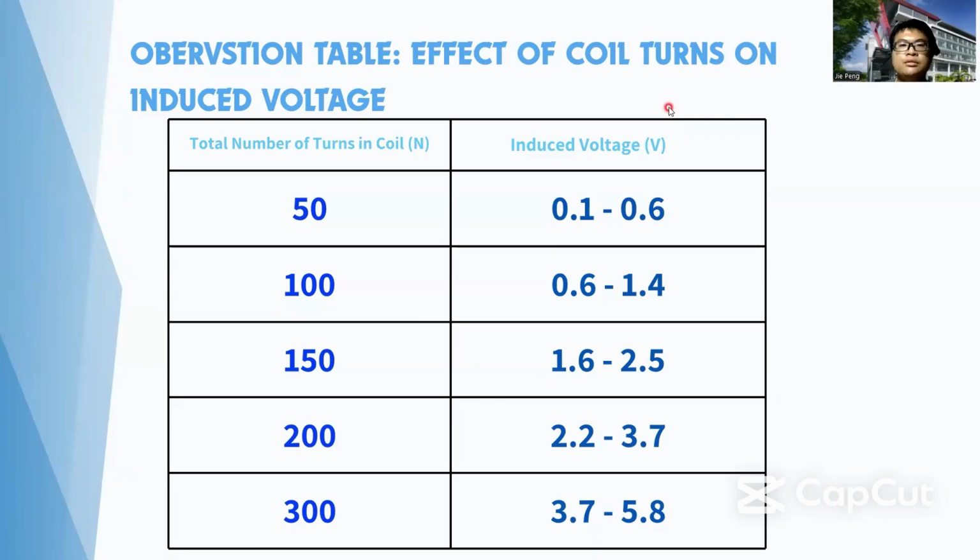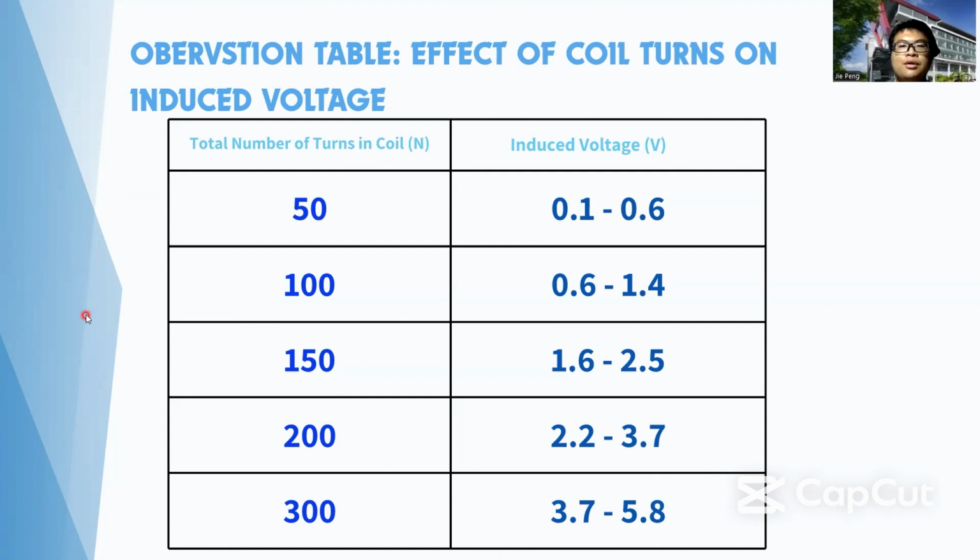In this section, we'll discuss the findings from our experiment on electromagnetic induction. The objective was to investigate how the number of coil turns affects the magnitude of the induced voltage. As we increase the number of turns in the coil from 50 up to 300, we observe a clear and consistent increase in the voltage readings on the digital multimeter.